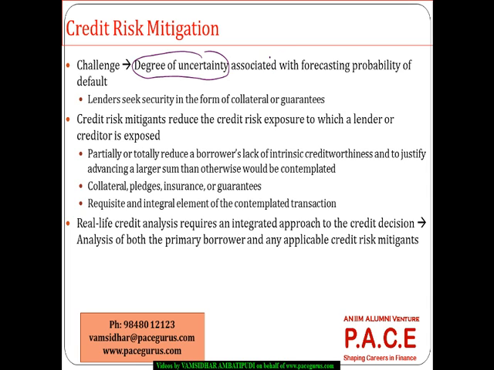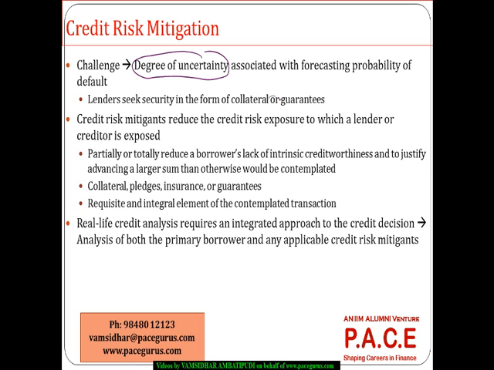But the biggest challenge lies in forecasting that probability of default, coming out with more and more accurate forecasts of the probability of default. So this is where the lender can't shy away from giving the loan, though he knows that it's not 100% guaranteed that the borrower is going to pay. I'm reasonably expecting that the borrower is going to repay, but I can't be 100% assured on that.